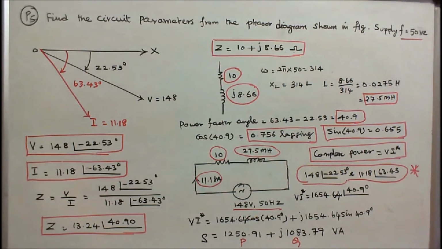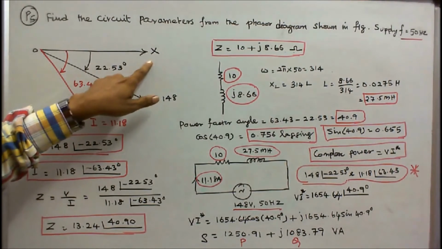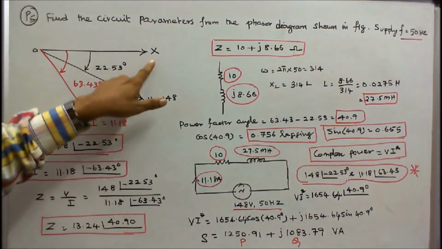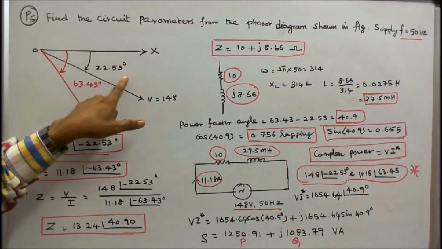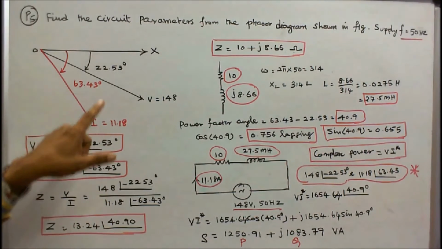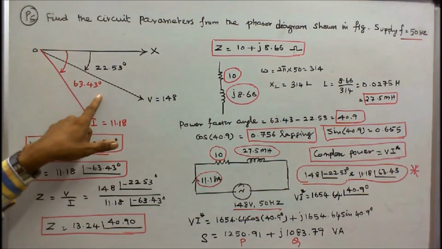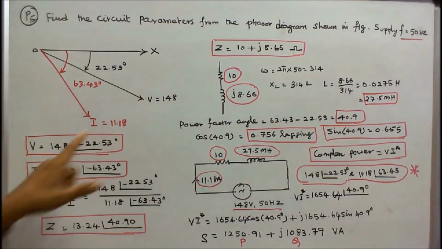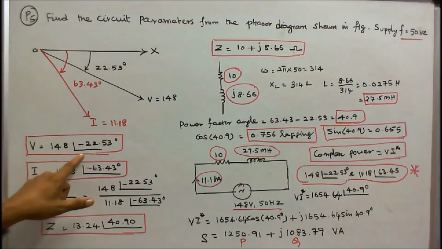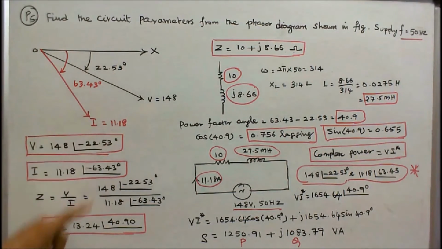Problem number 5. Find the circuit parameters from the phasor diagram shown in figure. Supply frequency is 50. Here this is a reference axis. The angle between the voltage and the reference axis is 22.53 degrees. Angle between reference and the current is 63.43 degrees. I can write V is equal to 148 angle minus 22.53 degrees.